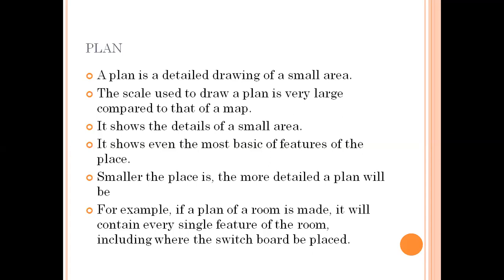Sometimes we need to know the details of a particular building or of a room in a building. At such times, we refer to a detailed drawing known as plan.